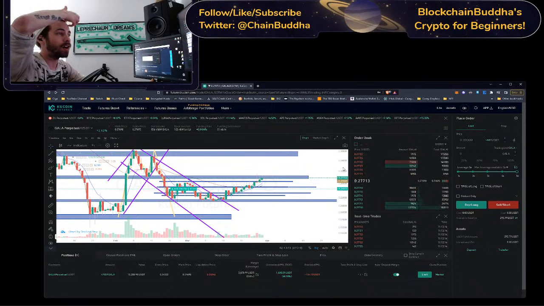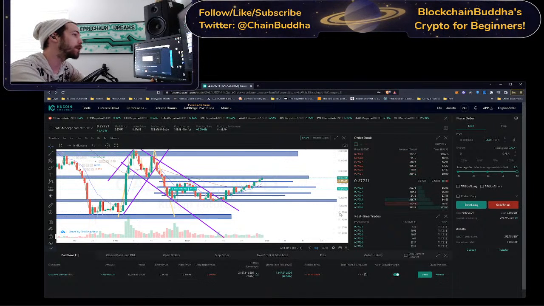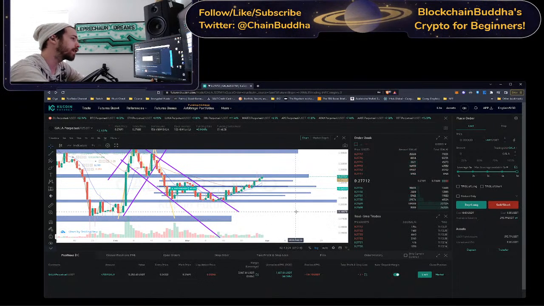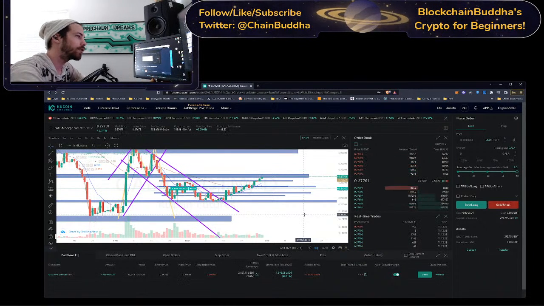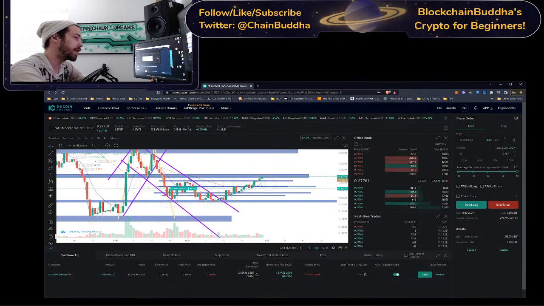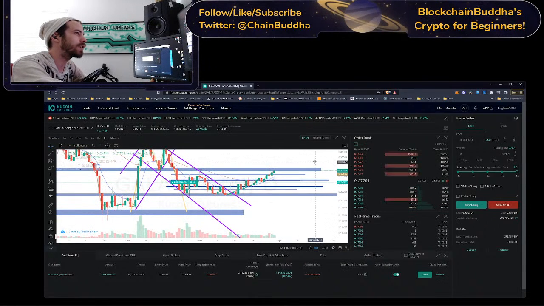I'll get into how I've been trading Gala and the strategy I've been using behind it. It's not a clear-cut strategy, not anything that's been solidified by any experts, but as you can see at the bottom, it is making me money, and so I'm not mad at it. I'm gonna keep doing what I do to make money.